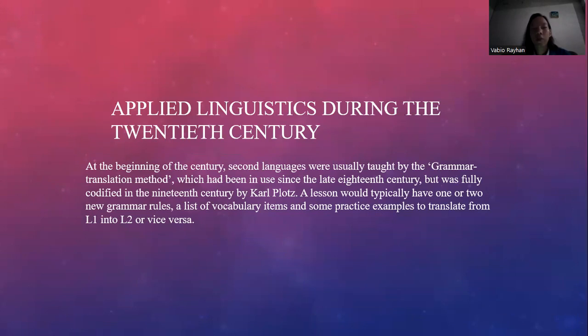Applied linguistics during the 20th century. At the beginning of the century, second languages were usually taught by the grammar translation method, which had been in use since the late 18th century, but was fully codified in the 19th century by Ollendorff.